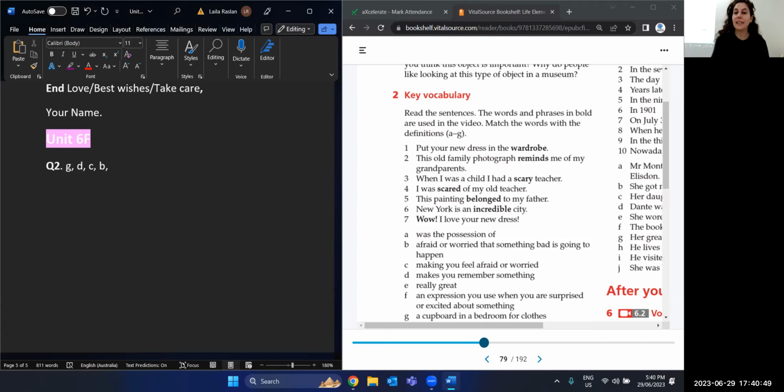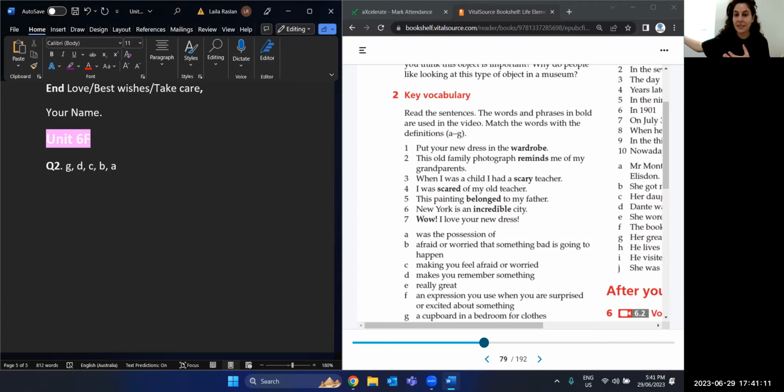Number 5, this painting belonged to my father. Belonged is a verb. What does it mean? A, was the possession of. Possession means it's something for me. I own it. It is mine.